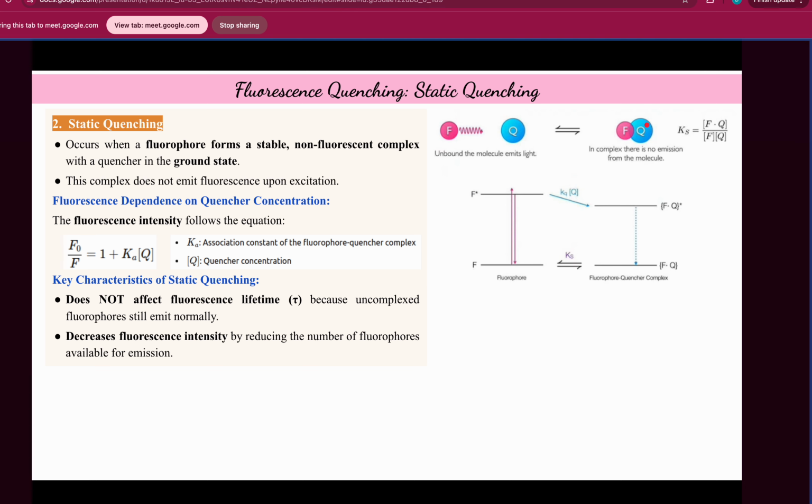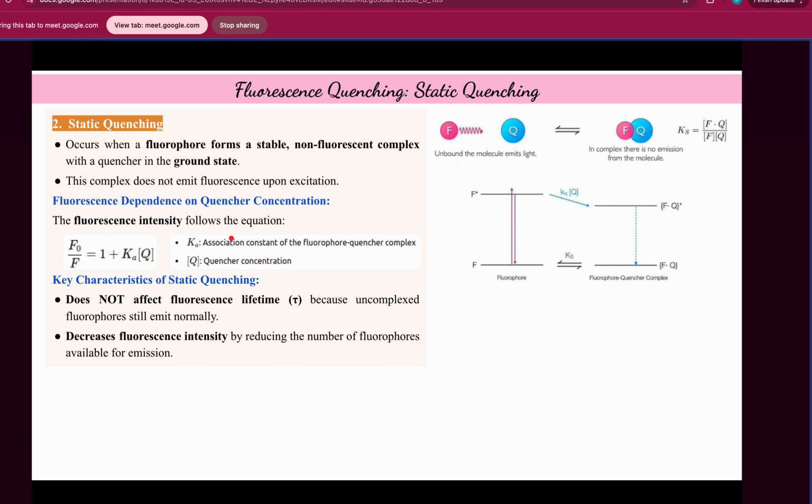This complex returns to the ground state without emitting any light. In the previous case, the fluorophore came by itself and the quencher was separate, but in static quenching they are bonded together, and both as a complex come to the ground state. In this case also there is no radiative transition, so no light is emitted.